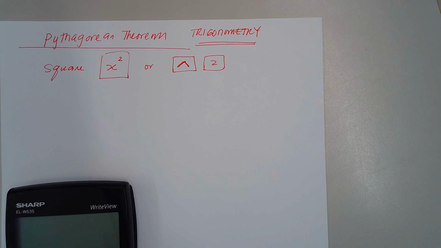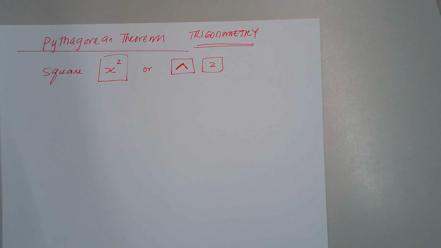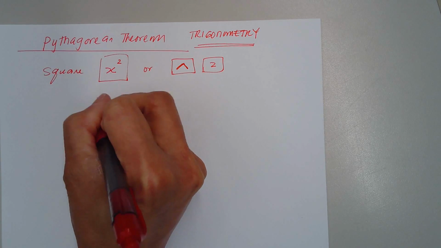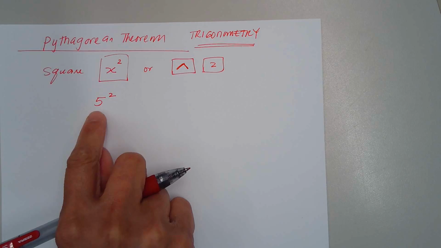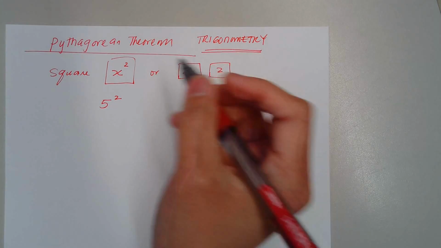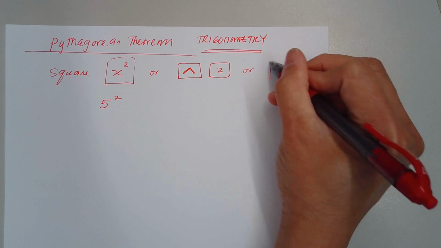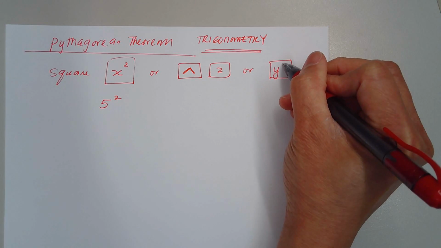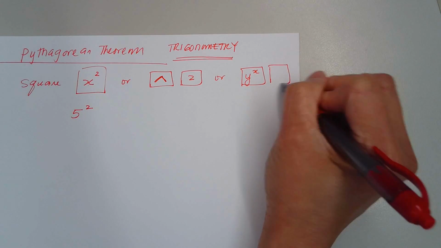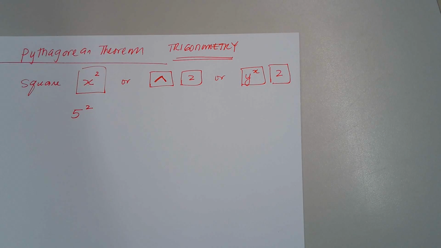Let's do a practice: 5 squared. Sometimes people have y to the x, and then you press 2. So these are the possibilities.